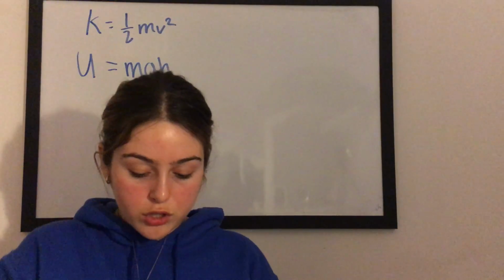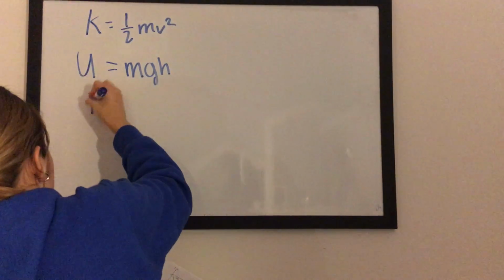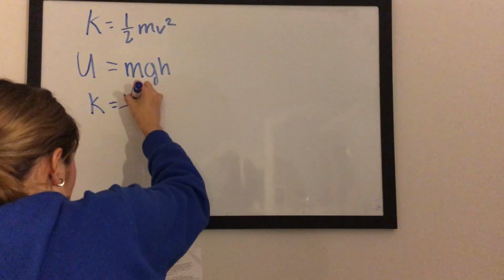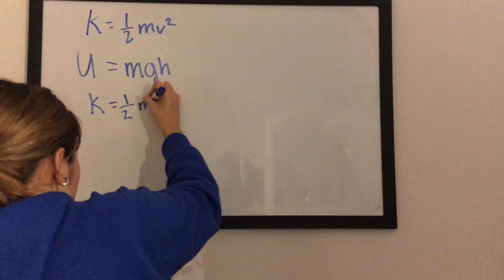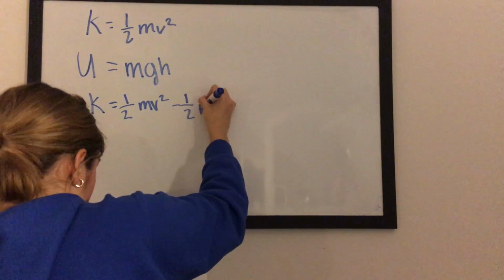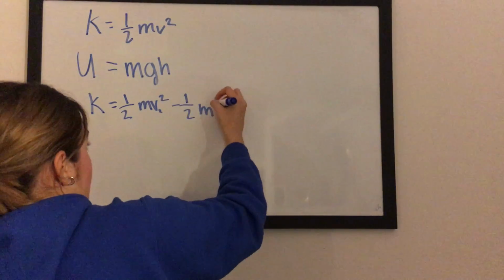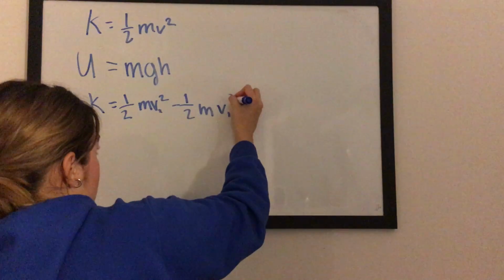worked is equal to the kinetic energy, 1/2 mv2 squared minus 1/2 mv1 squared.